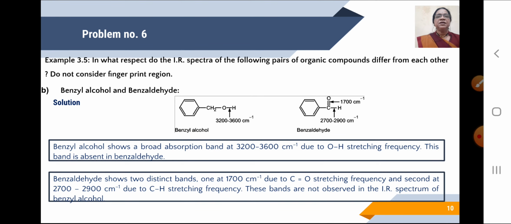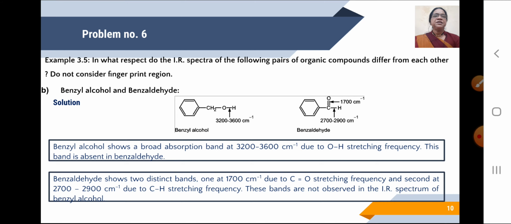Now the next one: in what respect do the IR spectra of the following pairs of organic compounds differ from each other? Do not consider the fingerprint region. Here you are given benzyl alcohol and benzaldehyde. Now how to differentiate benzyl alcohol and benzaldehyde from the IR spectrum? Benzyl alcohol shows a broad absorption band at 3200 to 3600 due to the OH stretching frequency.